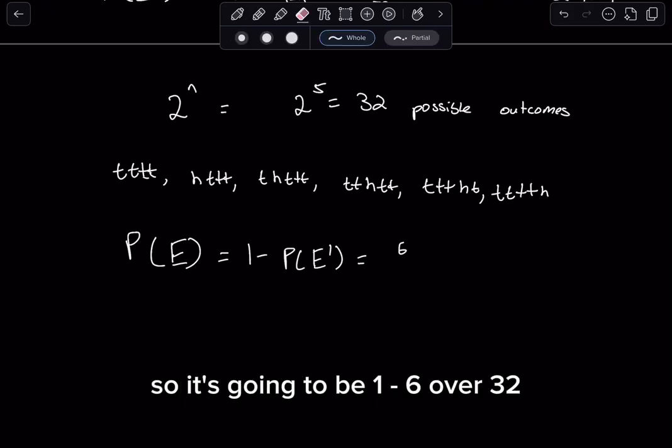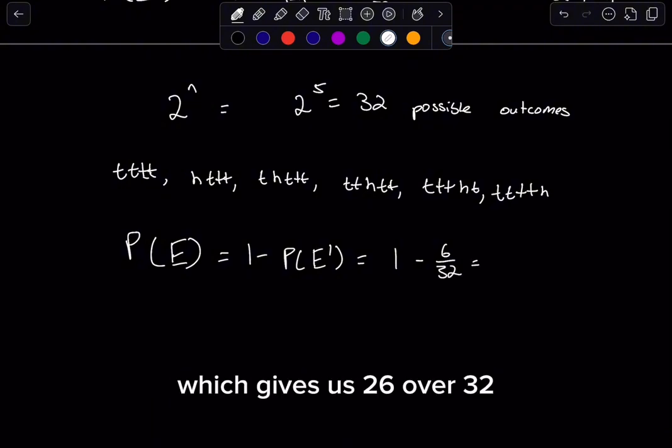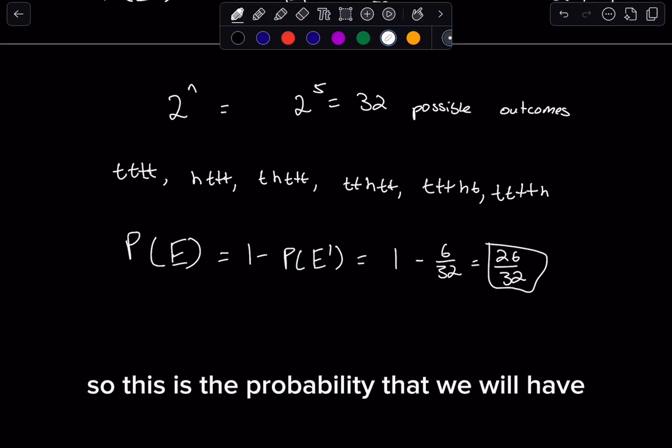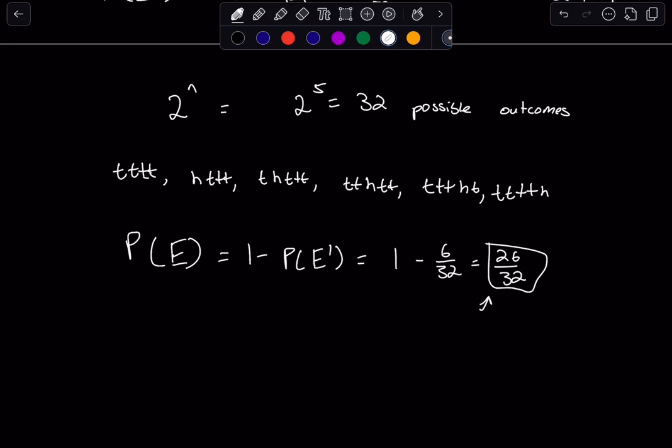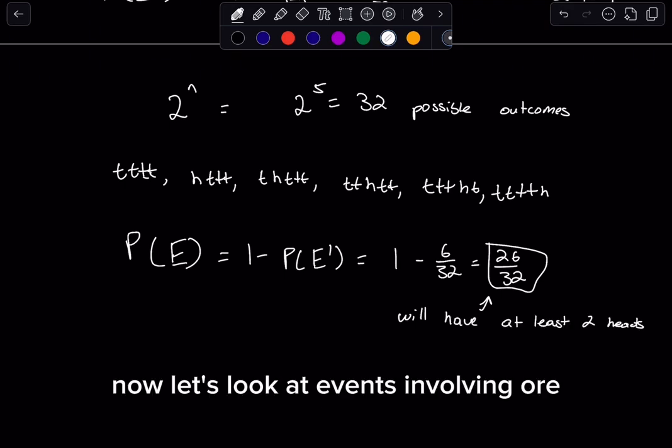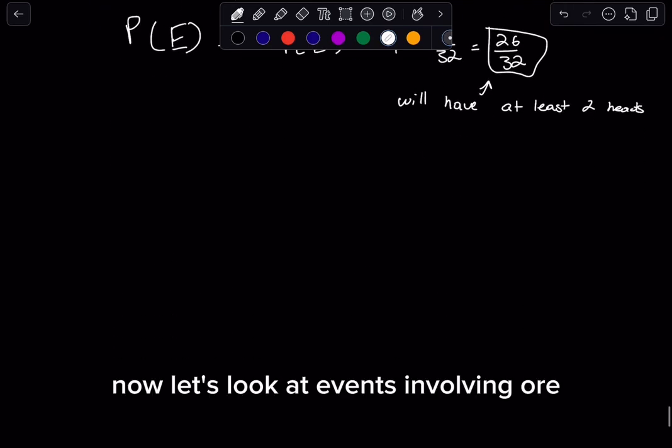So it's going to be 1 minus 6 over 32, which gives us 26 over 32. So this is the probability that we will have at least 2 heads. Now let's look at events involving OR.